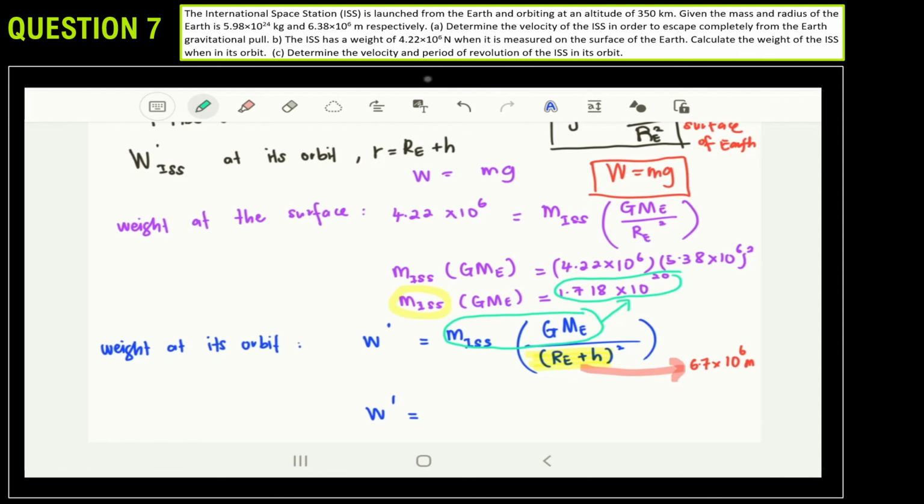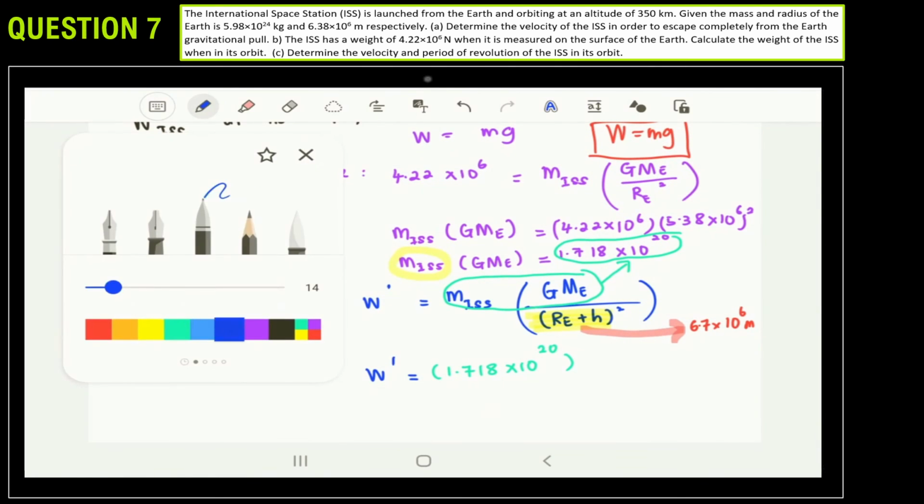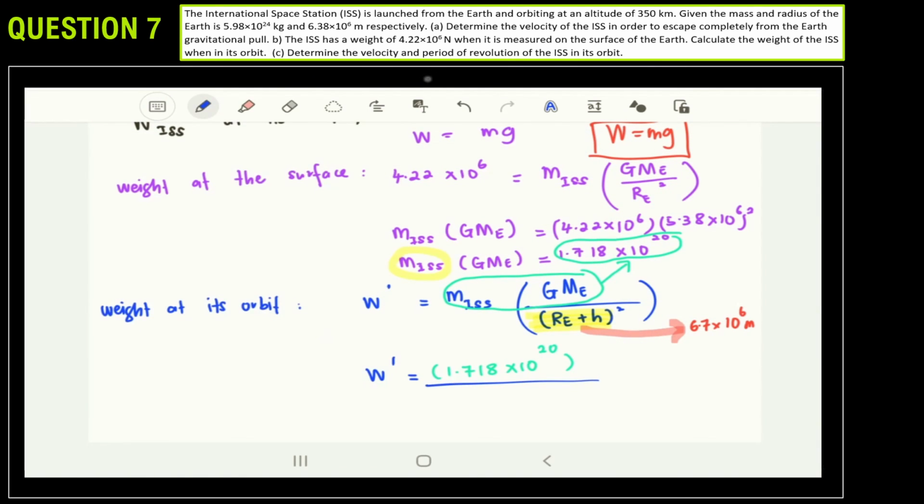So we can straightly substitute 1.718 times 10 power of 20 over RE plus H, which is 6.7 times 10 power of 6, squared. Press your calculator, and the final answer, the weight at its orbit, is equal to 3.8 times 10 power of 6 Newton. Okay, so this is the answer. So let me repeat once more.